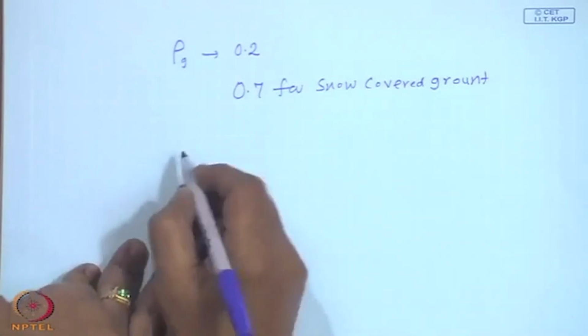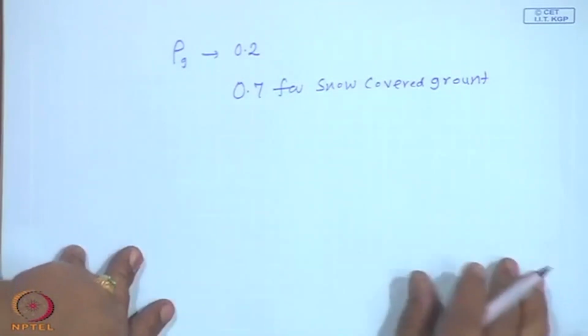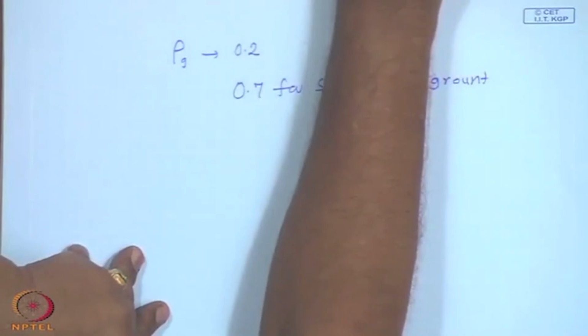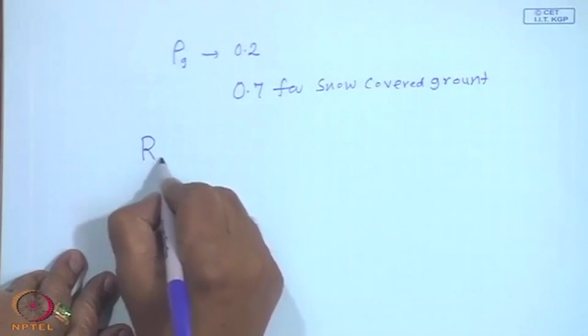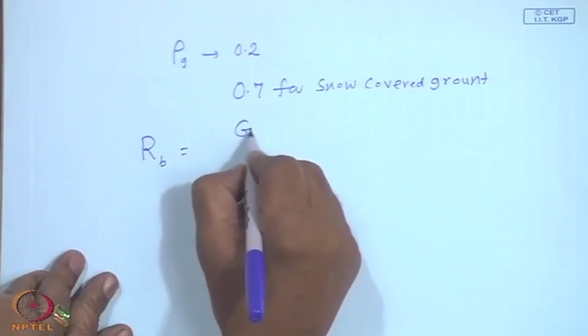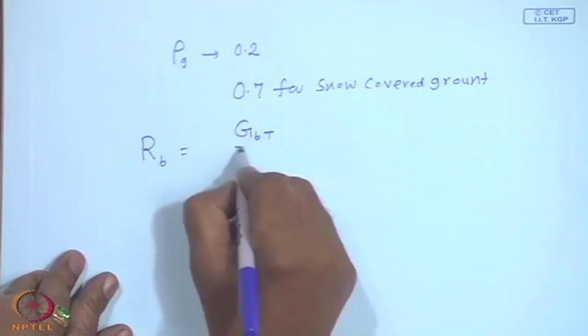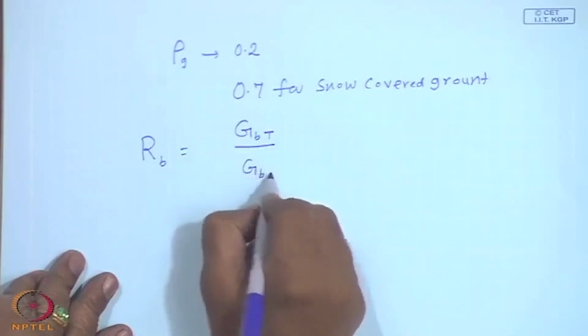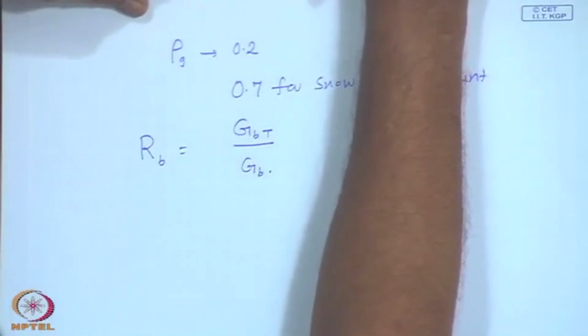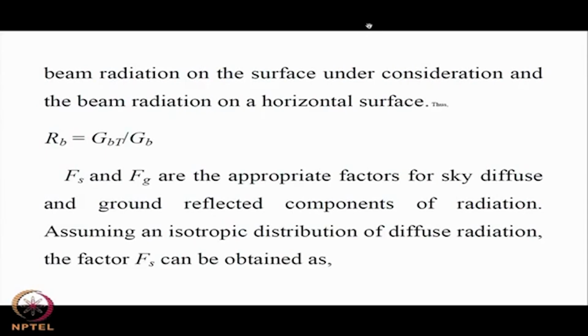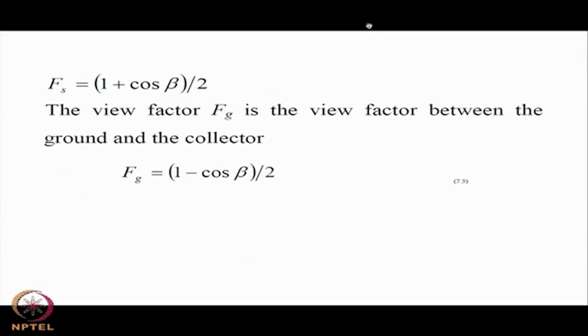Now, this RB is the instantaneous tilt factor, that is what we try to find out. So, I can write RB as GB on the tilted plane by GB on the horizontal plane. And we have already talked about Fs and Fg, or the factors associated with the sky diffuse and ground reflected factors, which are given by 1 plus cos beta by 2 and 1 minus cos beta by 2.